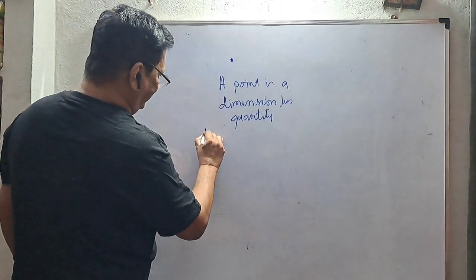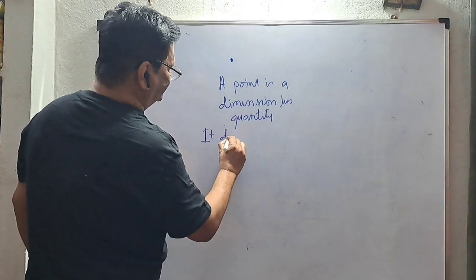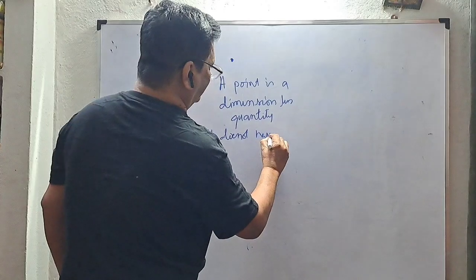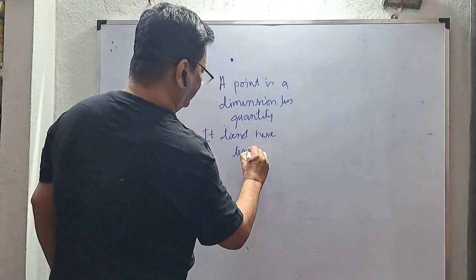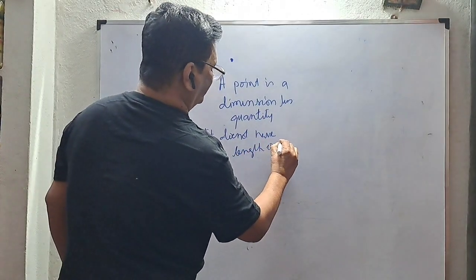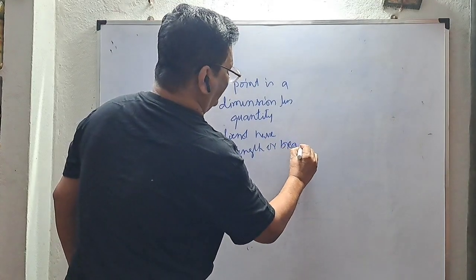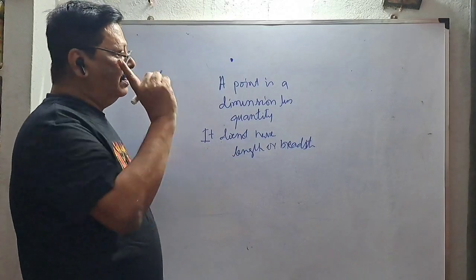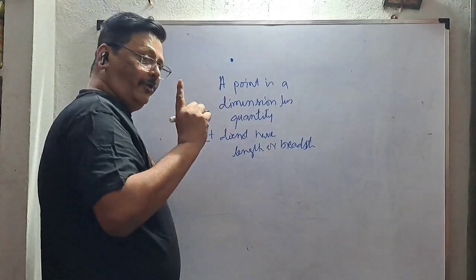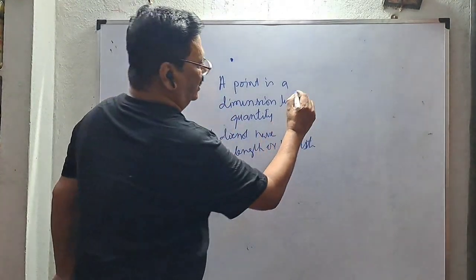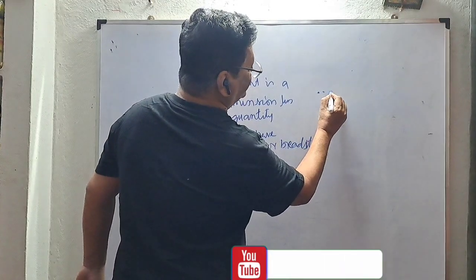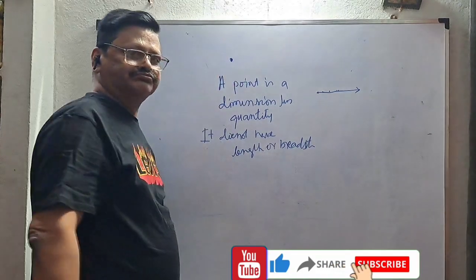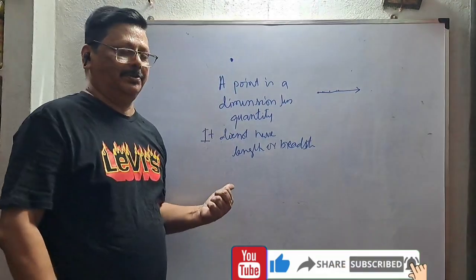That means it does not have length or breadth. Now see why points are important. If you have points in the same direction, you add them, you get a ray. Okay, so this was what points are.